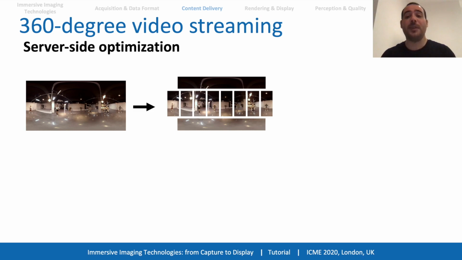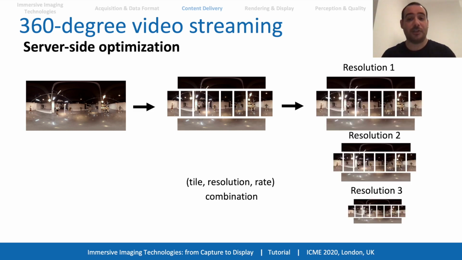Therefore, optimization of resources such as storage and encoding are necessary at the server side. There are different techniques for combining resolution and target bit rates.